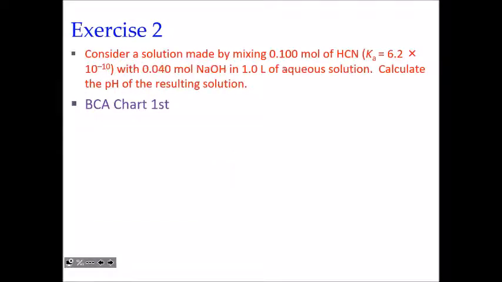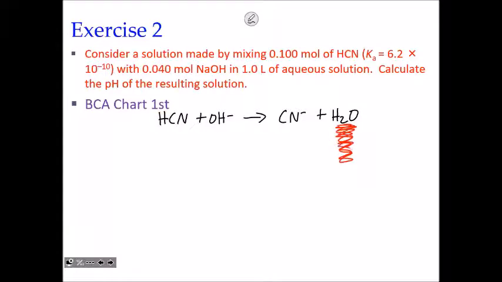Before we can even do common ion or Henderson-Hasselbalch, we have to do the BCA chart. You've got to get the number of moles in solution. So you set up your reaction, write out your reaction, which is the HCN plus the hydroxide. That gives you the CN and the water. Now we don't really care so much about the water.